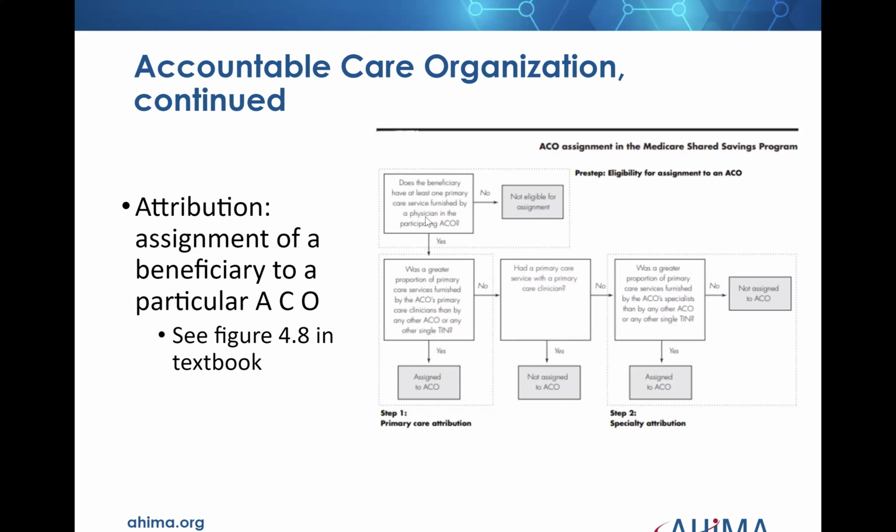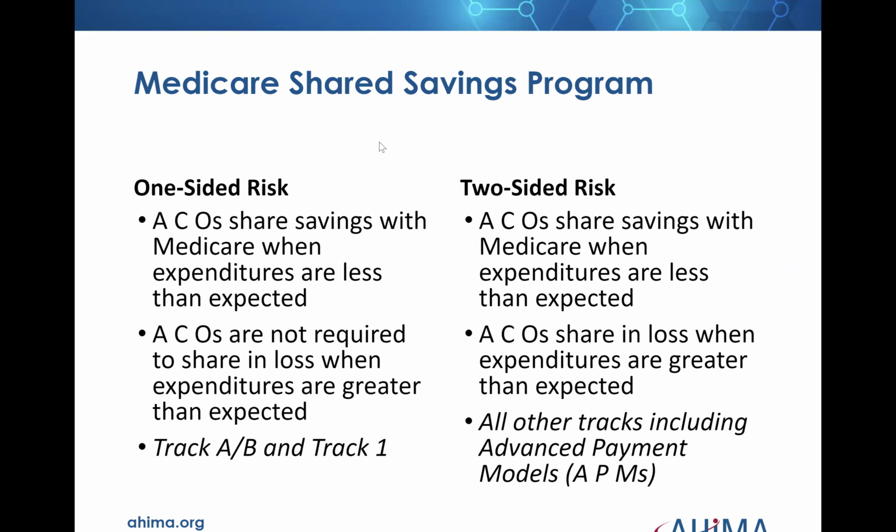So in an instance here, does the beneficiary have at least one primary care service furnished by a physician in the accountable care organization? If they don't, there's no reimbursement, right? Was there a greater portion of primary care services furnished by the accountable care organization's primary care clinicians? If yes, it's assigned, right? So we have all these little things that happen that rely on appropriate documentation.